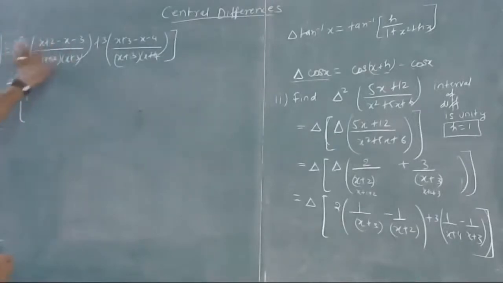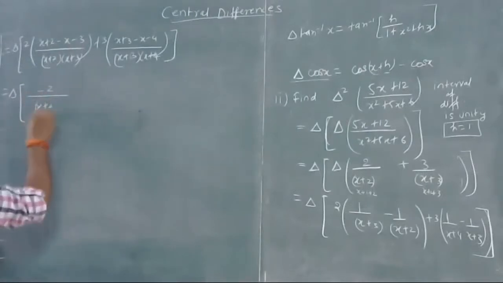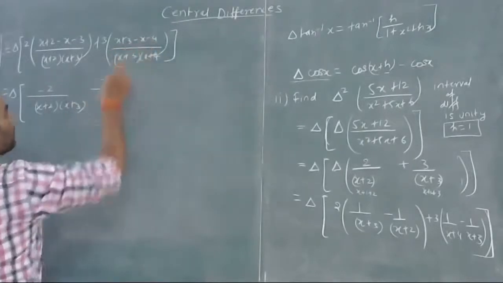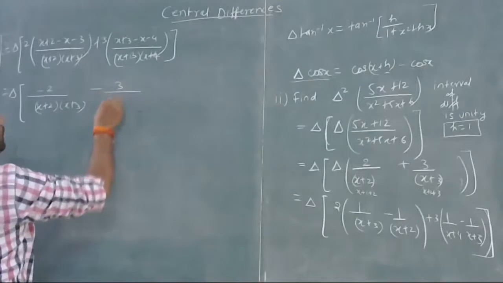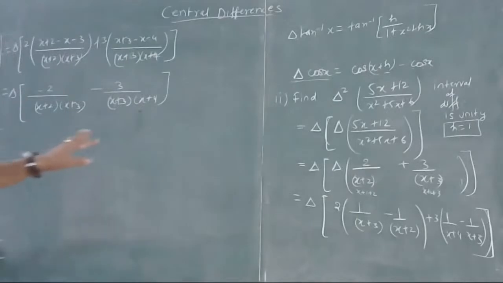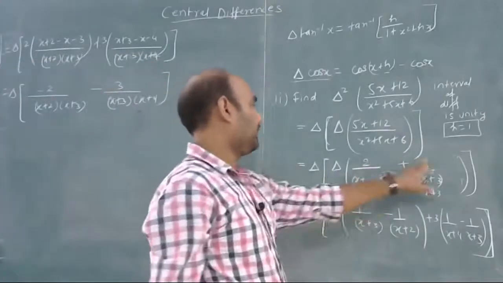So x will cancel out, it will be 2 times (2 minus 3), which is minus 1, so this will be minus 2 upon (x plus 2)(x plus 3), and x will cancel out, 3 times (3 minus 4), minus 1, so minus 3 upon (x plus 3)(x plus 4). So this is the first difference.